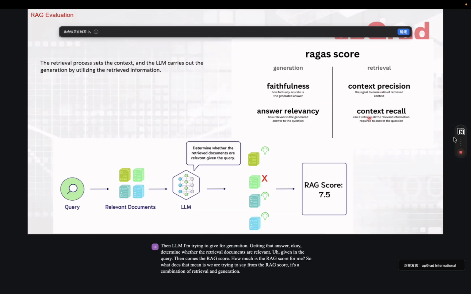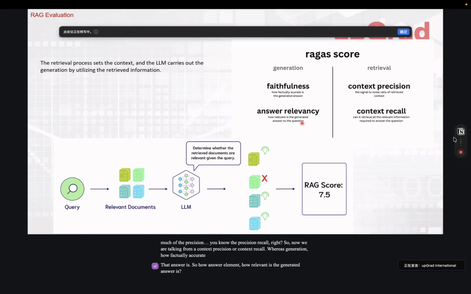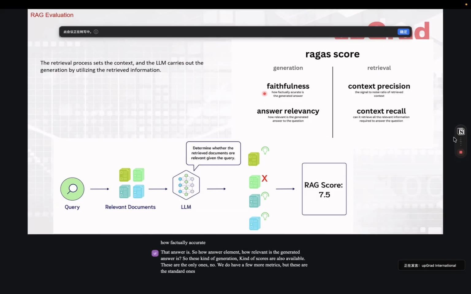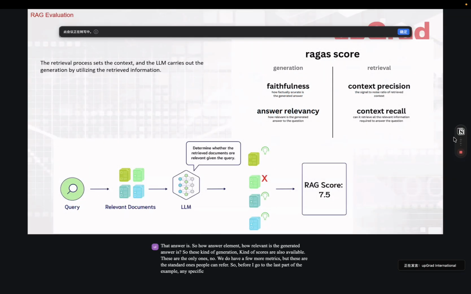In retrieval, I want to see the precision and recall, so we talk about context precision and context recall. Whereas for generation, how factually accurate the answer is and how relevant the generated answer is. These kinds of generation scores are also available. Are these the only ones? No, we have a few more metrics, but these are the standard ones people can refer to. Before I go to the last part of the example, any specific questions at this stage?